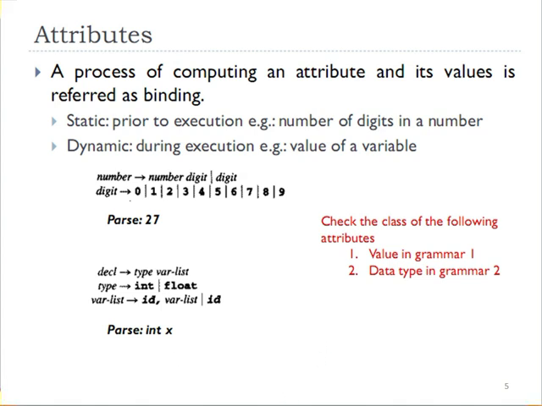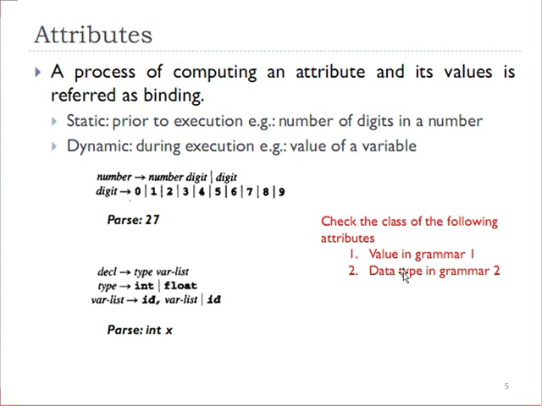But what if you are asked to perform semantic analysis on the given string? In order to perform semantic analysis, you need to associate semantic rules to each production rule of the given grammar.